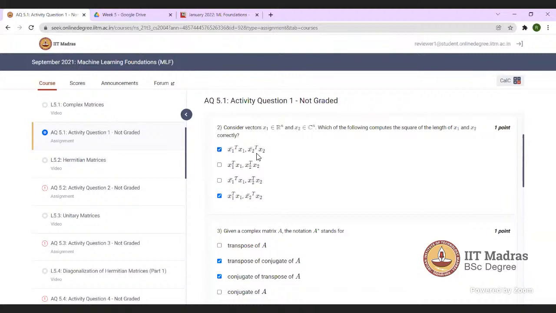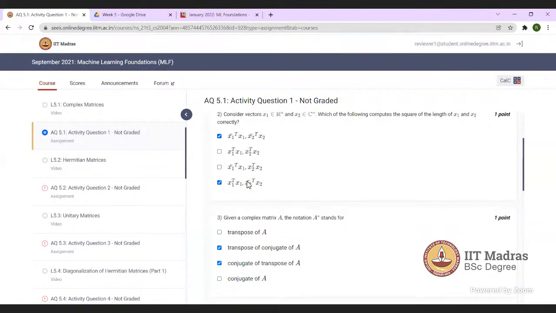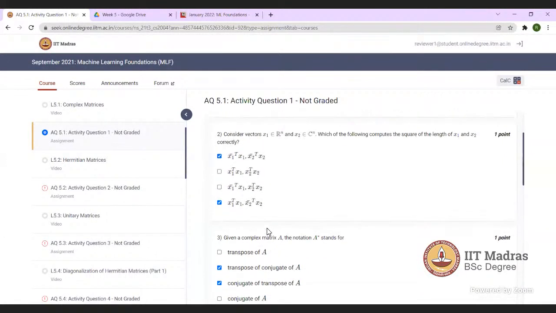But for x2 it should be x2 bar transpose into x2. That conjugate is really important, since x2 is a complex vector, a vector consisting of complex numbers. So that is why option A and option B are correct. All right.